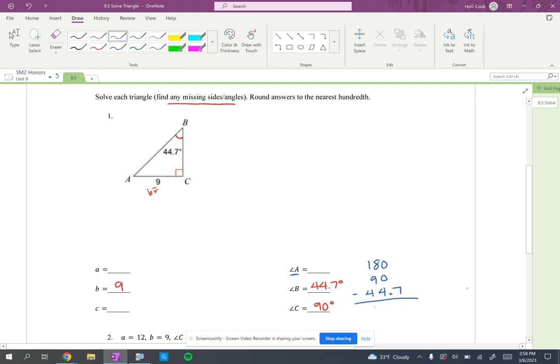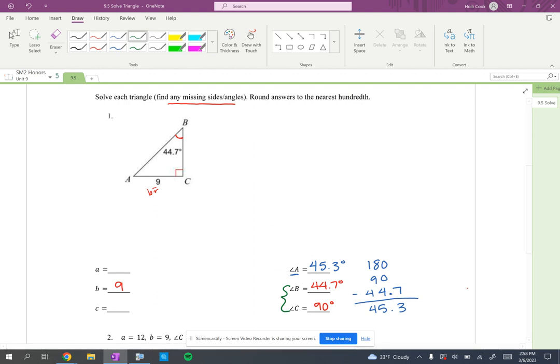Let's see, if we type that in our calculator, we end up with 45.3. So that means angle A is going to be 45.3 degrees. All right, so if you already have two angles, just check what you need to get up to 180.